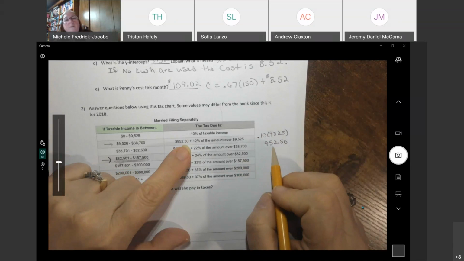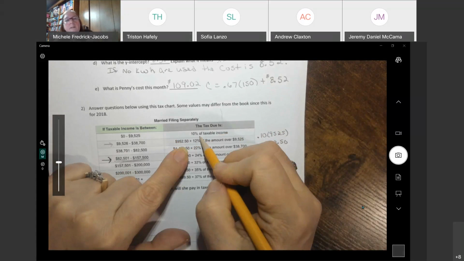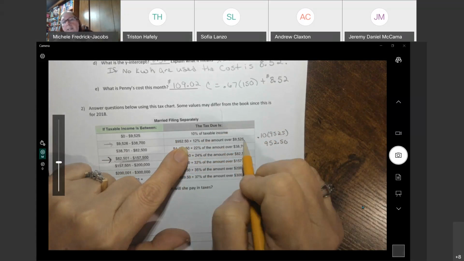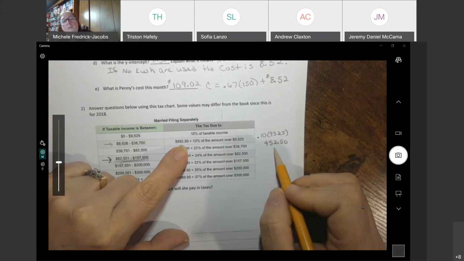So what they're doing is they're finding what the lower bracket was to make it easier for you to find. Not all of them do that, but this one does.